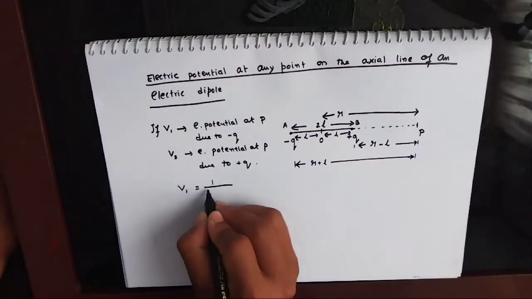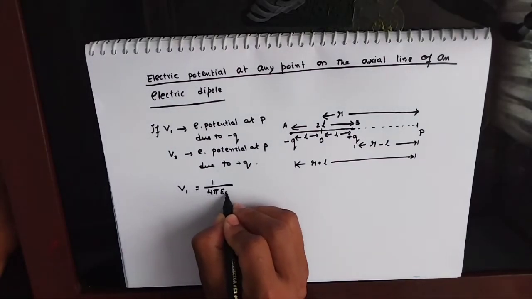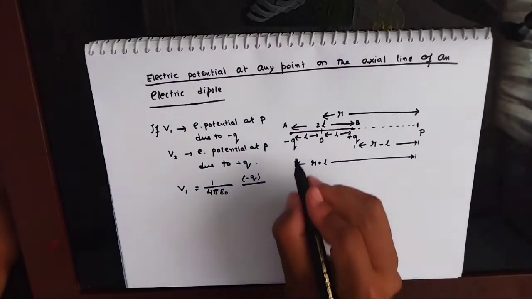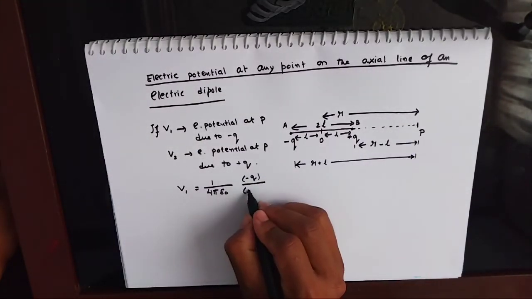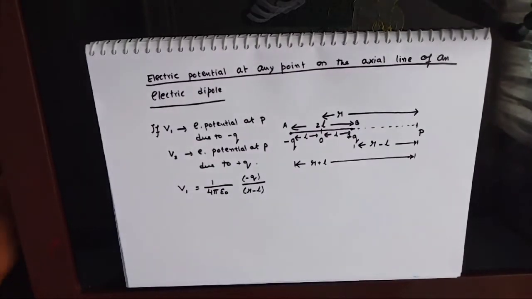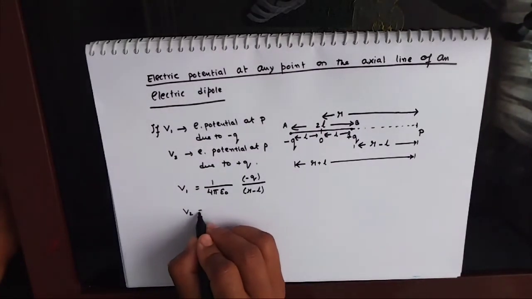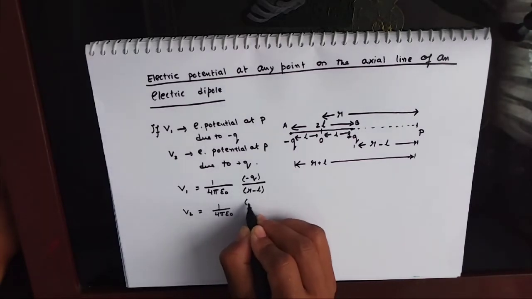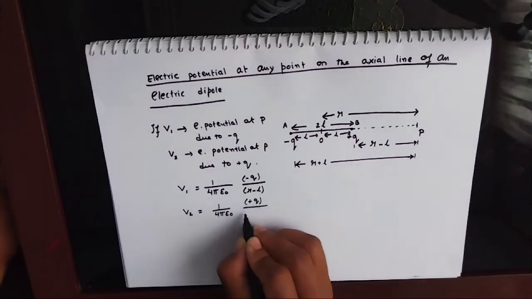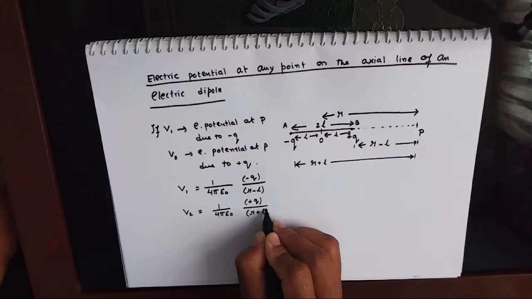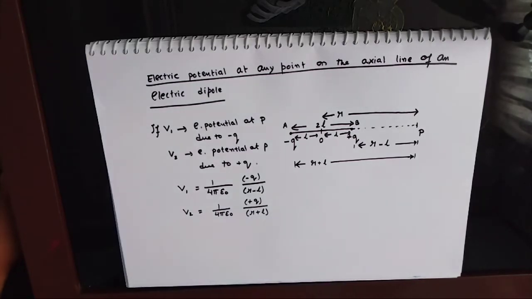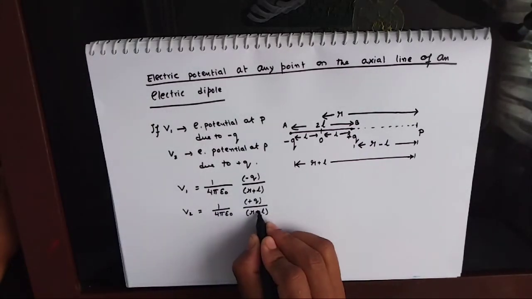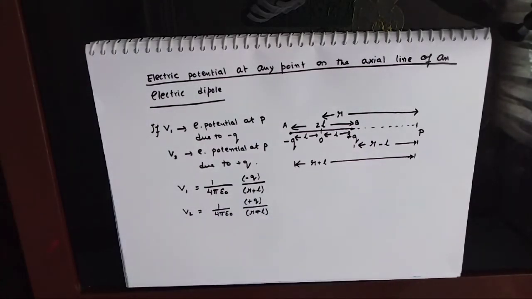V1 is 1 by 4 pi epsilon naught, the charge is minus Q. What is the distance of charge minus Q from P? It is R plus L. Then V2 is 1 by 4 pi epsilon naught, then charge plus Q divided by R minus L. Sorry, V1 has R plus L, and V2 has R minus L.